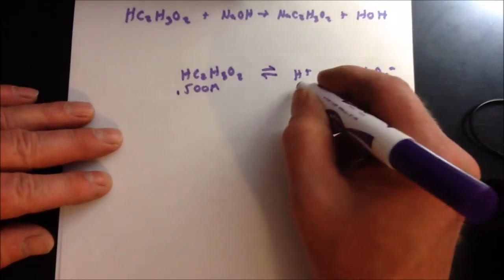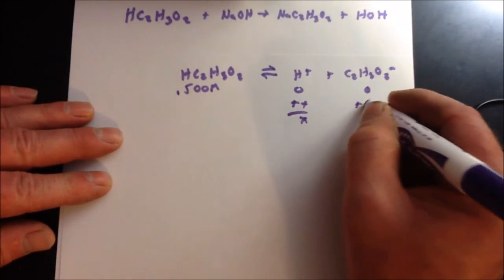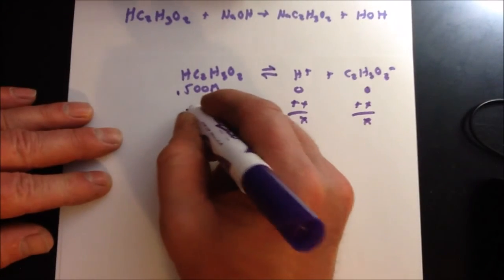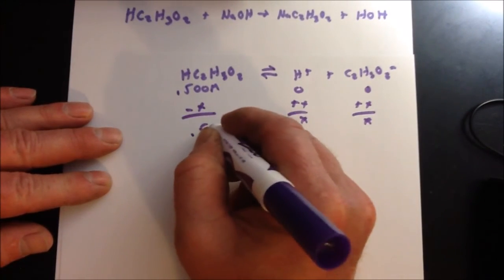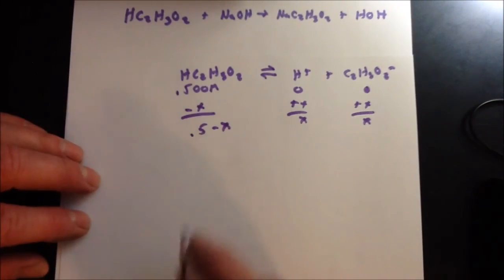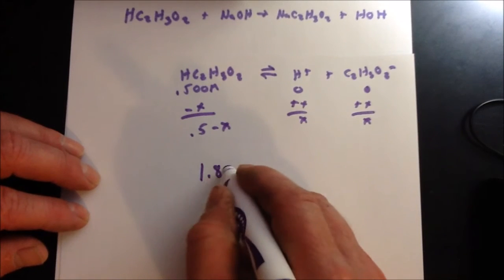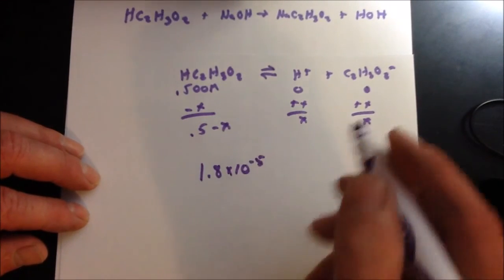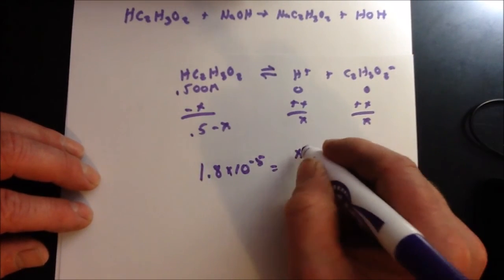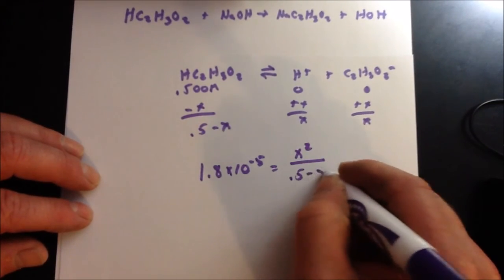I'm going to start an ICE table where I have none, none, up by x to be x, up by x to be x, and down by x to be 0.5 minus x. Alright, so I need a Ka value. The Ka value for acetic acid is 1.8 times 10 to the negative fifth. That would be given in the problem, equals x times x, or x squared, over 0.5 minus x.